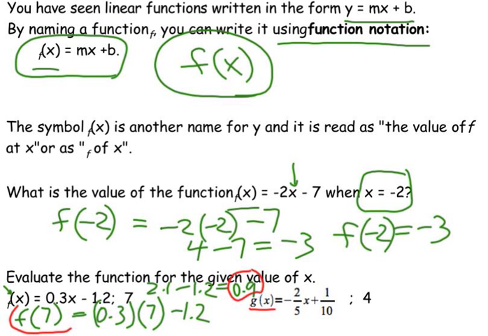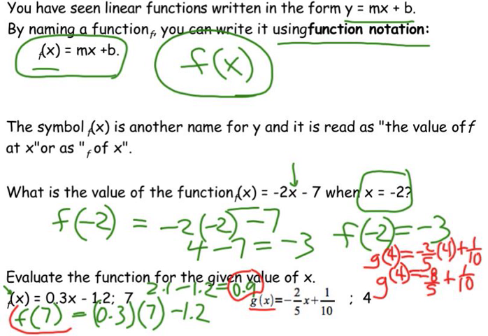So g of 4, when x's value is 4, is equal to negative 2 over 5 times 4 plus 1/10. When we do that, g of 4 is equal to negative 8/5 plus 1/10.